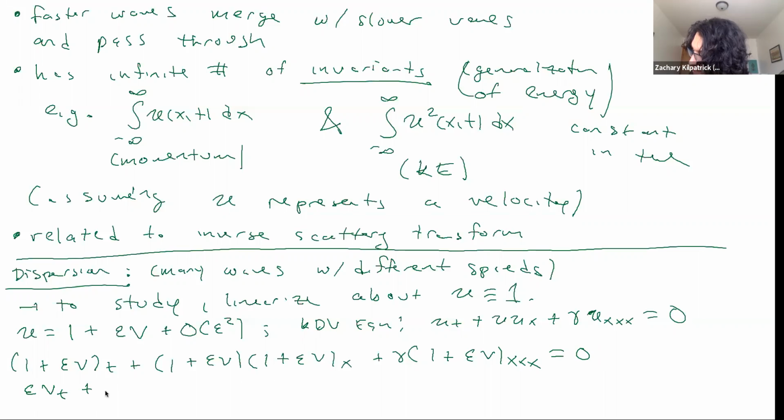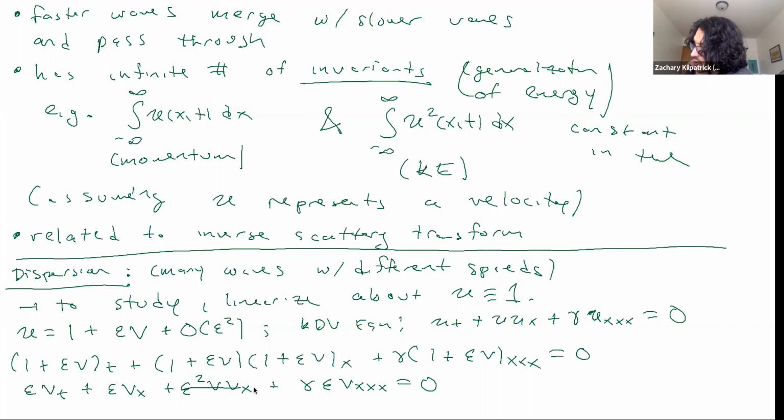So I get a 1 times the epsilon v_x term, and then the epsilon v term here, if I just multiplied it by the derivative of 1, would just be 0. And then I have plus an epsilon squared v v_x term here, right? Because I only want to keep the terms of order epsilon, I would drop that from my expansion. And then I have plus gamma epsilon v_xxx equals 0.